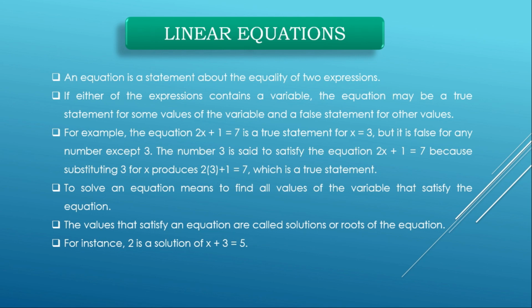The number 3 is said to satisfy the equation 2x plus 1 is equal to 7 because by substituting this 3 in the place of x, it produces 2 into 3 plus 1. So 2 into 3 is 6 plus 1 is 7. So the equation will become 7 is equal to 7, which is a true statement. So any other values except 3 will become a false statement.